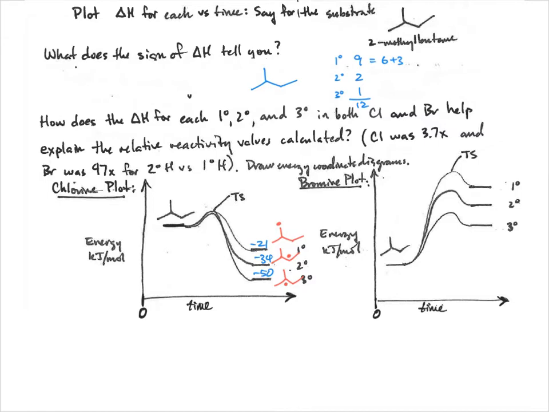So this is a slice of that surface. You're starting here, you're this tiny little atomic sized person. You're walking up this hill. Notice that as you walk up this hill, you're a little bit higher in energy because you're reaching this thing called TS, which is transition state.